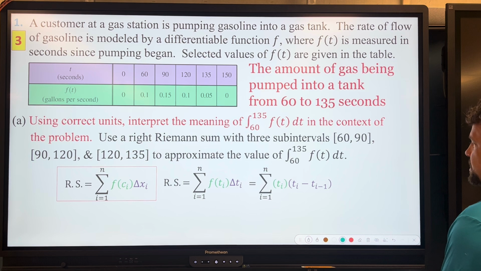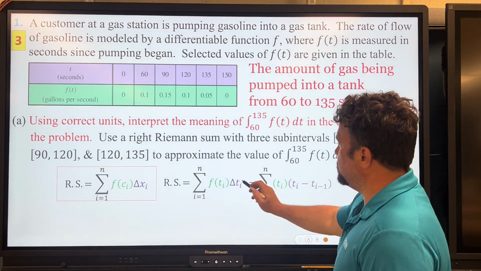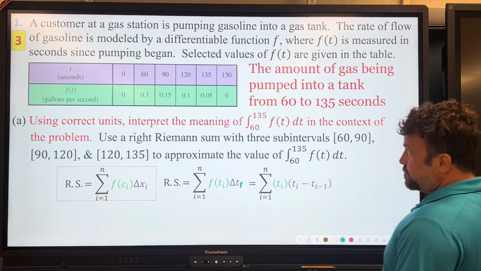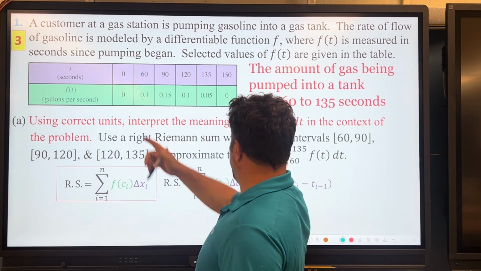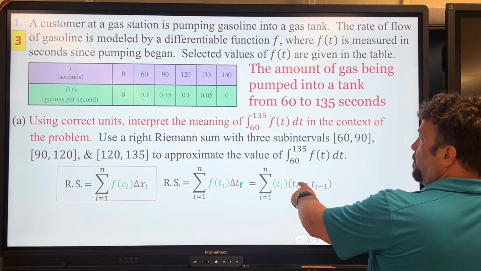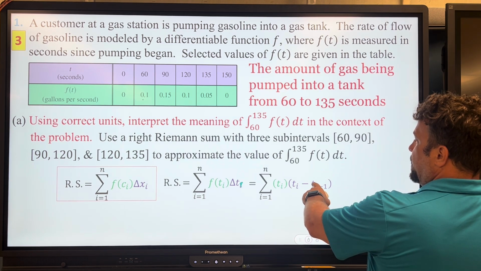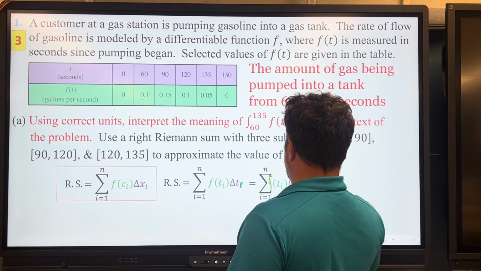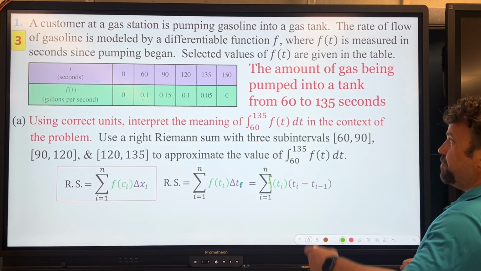In this case, I should just put delta t there, ti, which is your right side, minus ti minus 1. Oh, I forgot my f there. A couple mistakes on this. All right, so we got that.